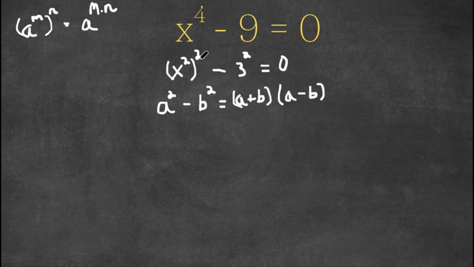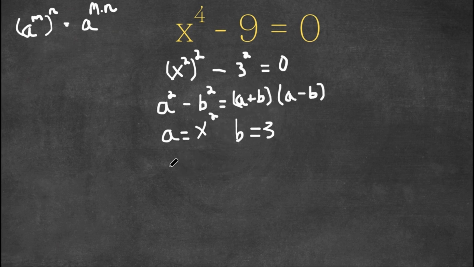So as you can see right here, what I've done is I've changed this equation to match up with a squared minus b squared. In this case, a is equal to x squared, and b is equal to 3. So we have x squared to the power of 2 minus 3 squared, and this is also equal to a squared minus b squared. So all we have to do is plug in a and b into our expression here, a plus b times a minus b.